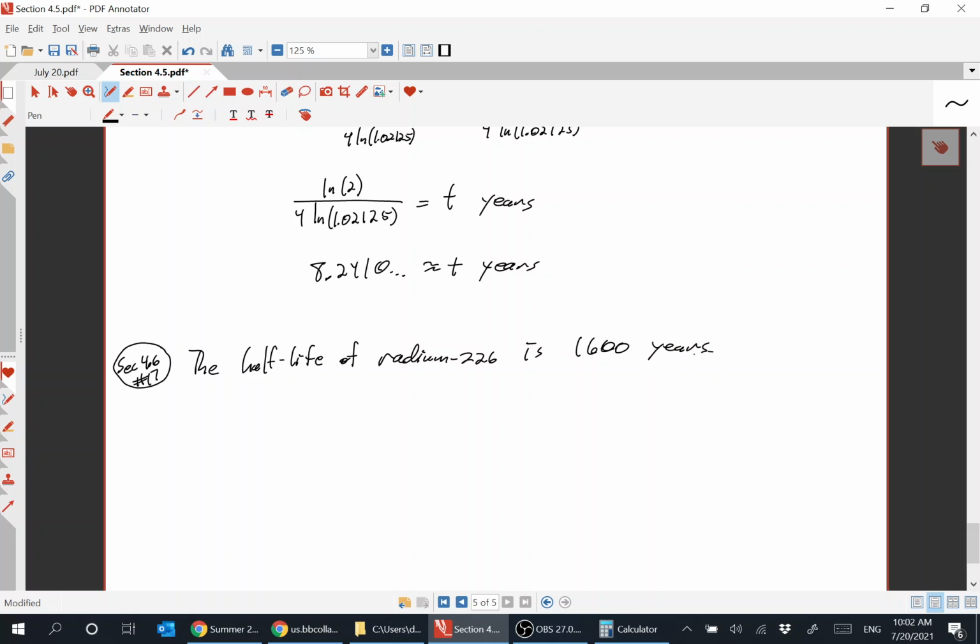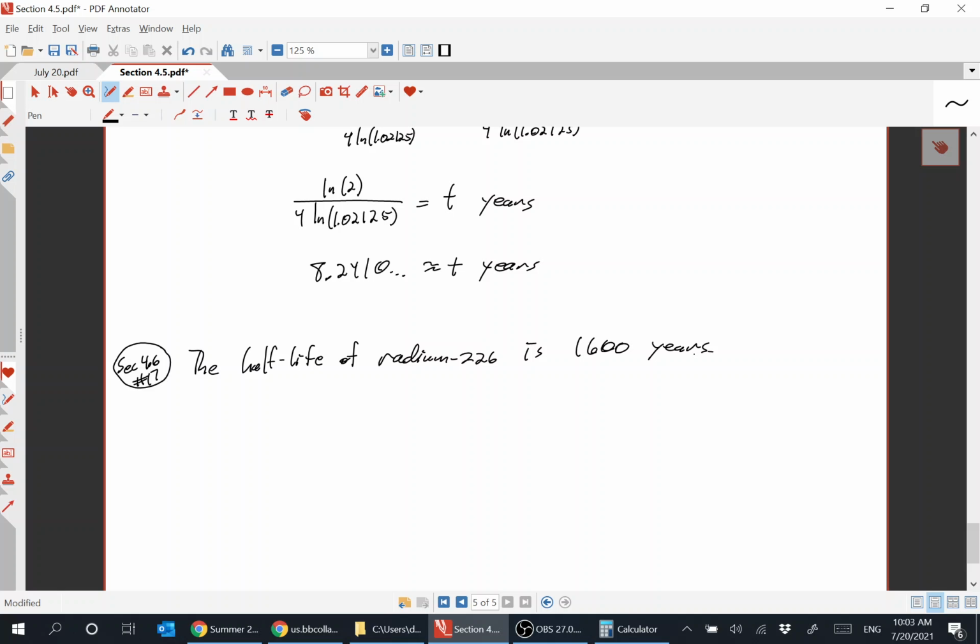In other words, if you've got 10 grams of radium-226, after 1,600 years you have half of that left. So you'd have 5 grams left. And the 5 grams of radium that's gone decays into something else, depending on what radioactive isotope you're dealing with.